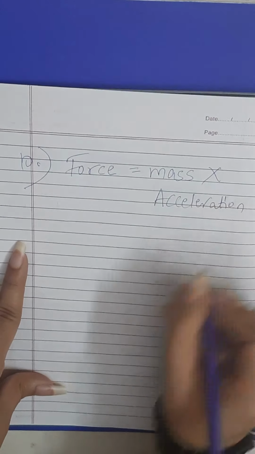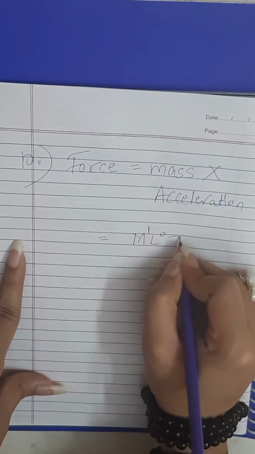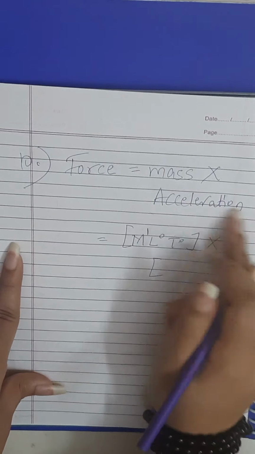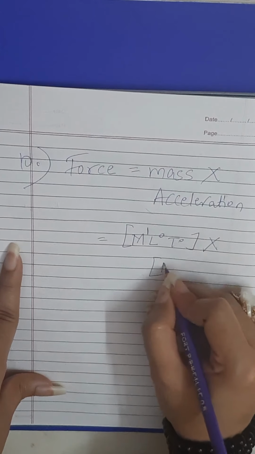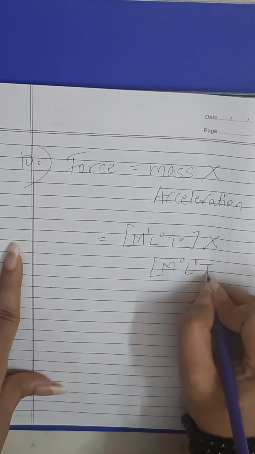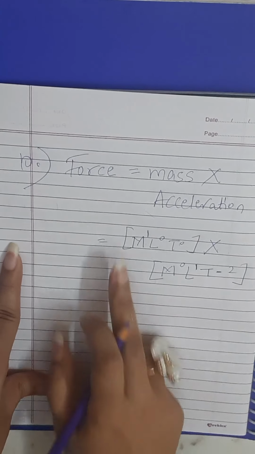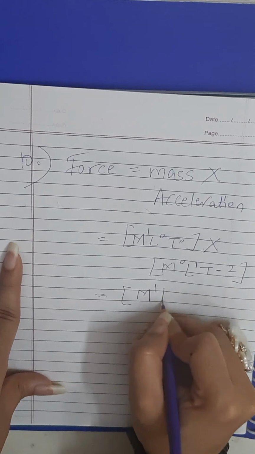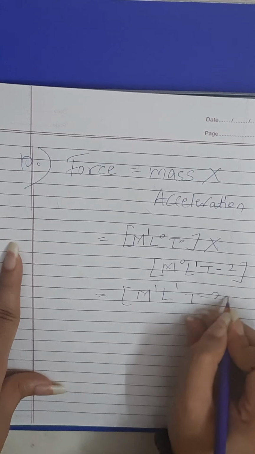So for mass I'll write M1 L0 T0. For acceleration, the unit is meter per second square, so M0, for meter L1, per second square T minus 2. In multiplication, with the same base the powers add, so we get M1 L1 T minus 2.